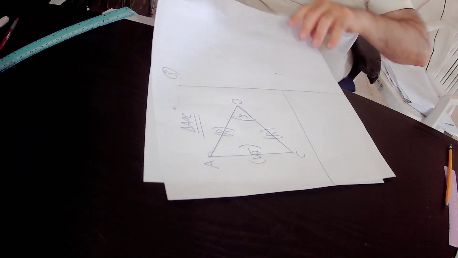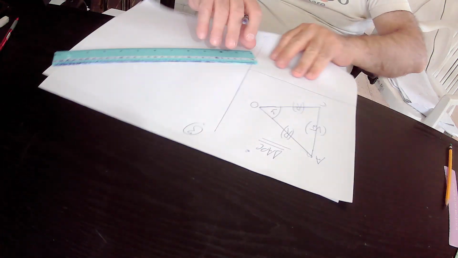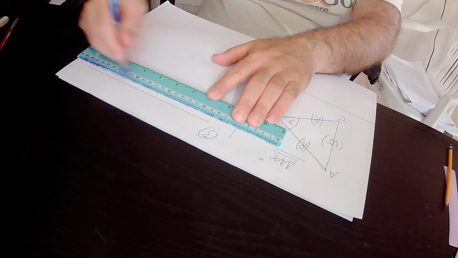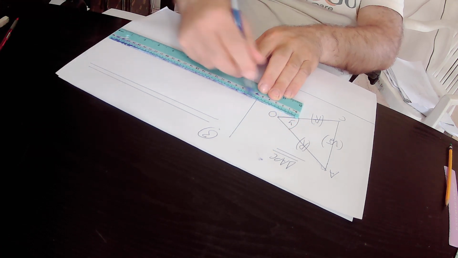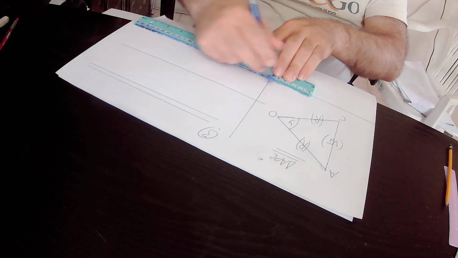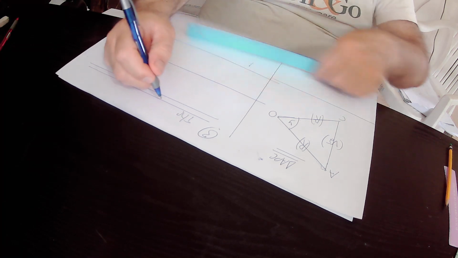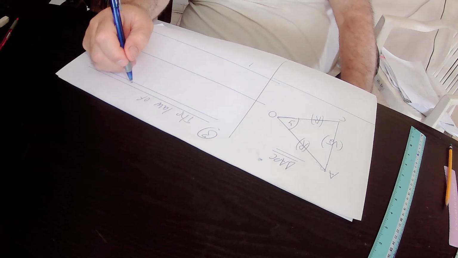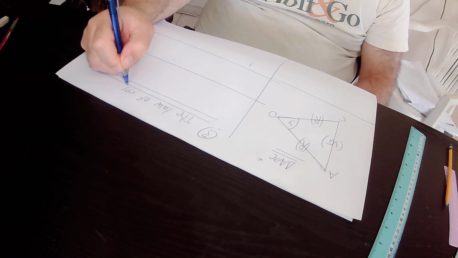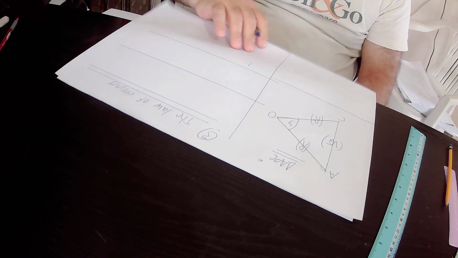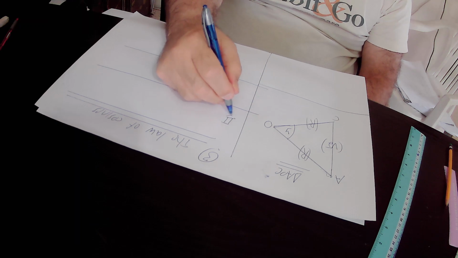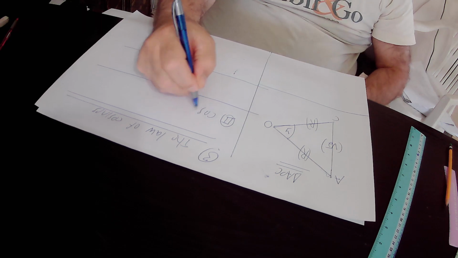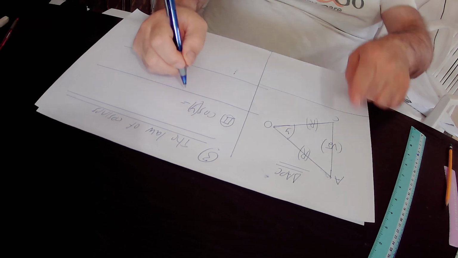Again, according to the law of cosines, in this triangle AOC, cosine y equals AO squared.